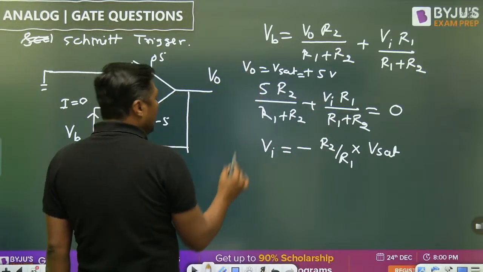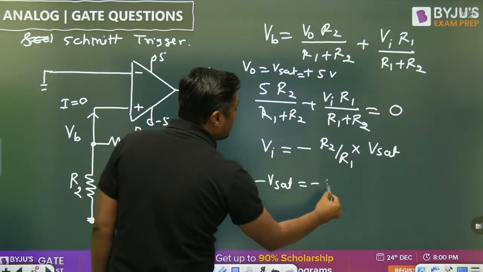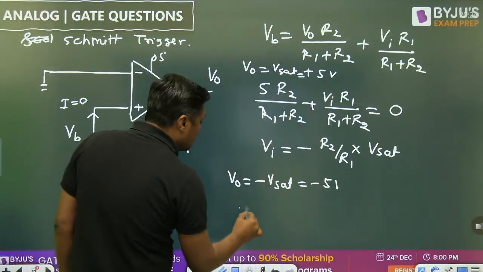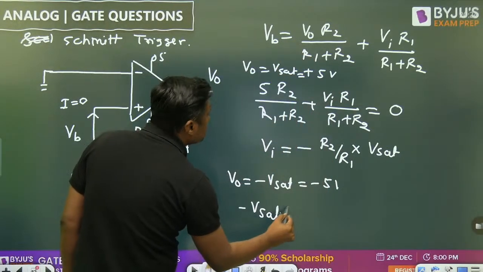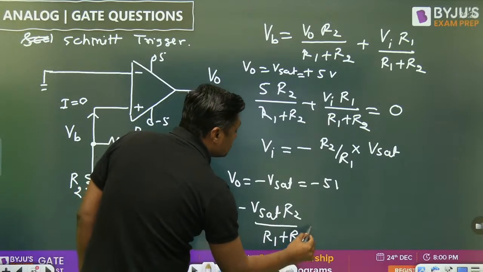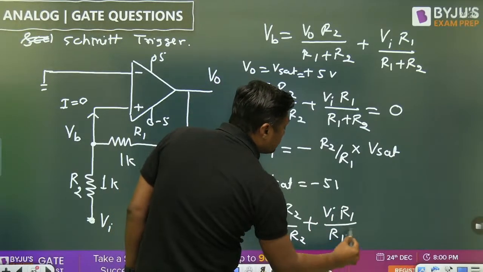Similarly, when we put V0 equal to minus Vset, that is minus 5 volt, and equate it to 0 from this formula, it will become R2 upon R1 plus R2 plus Vi into R1 upon R1 plus R2.